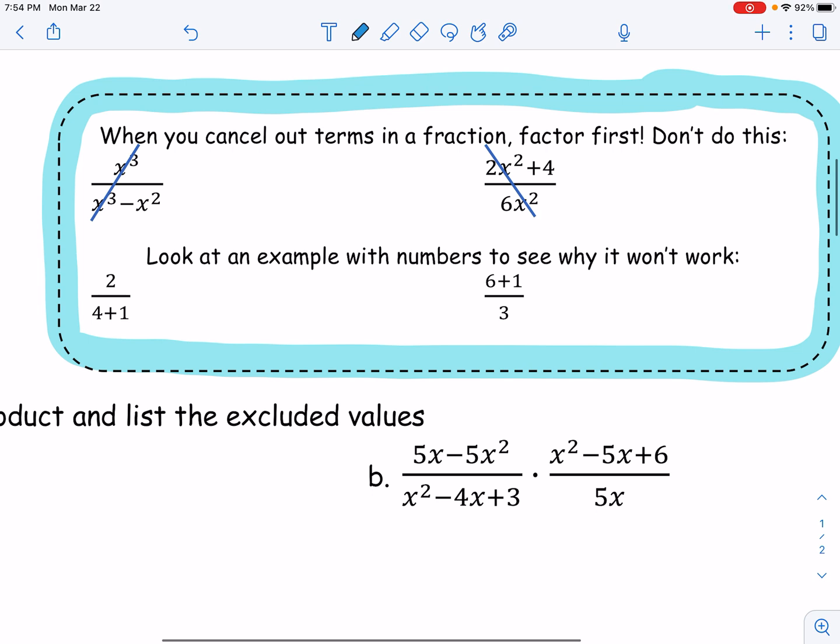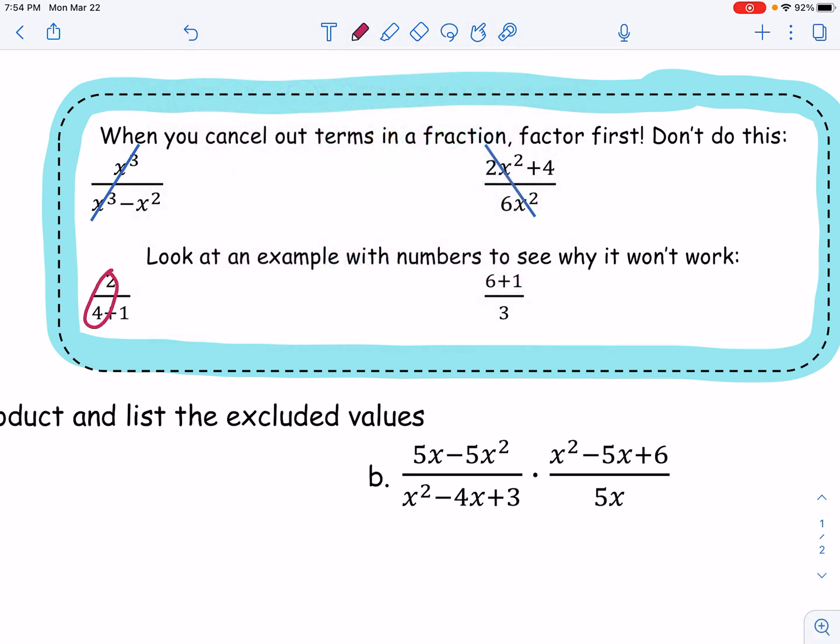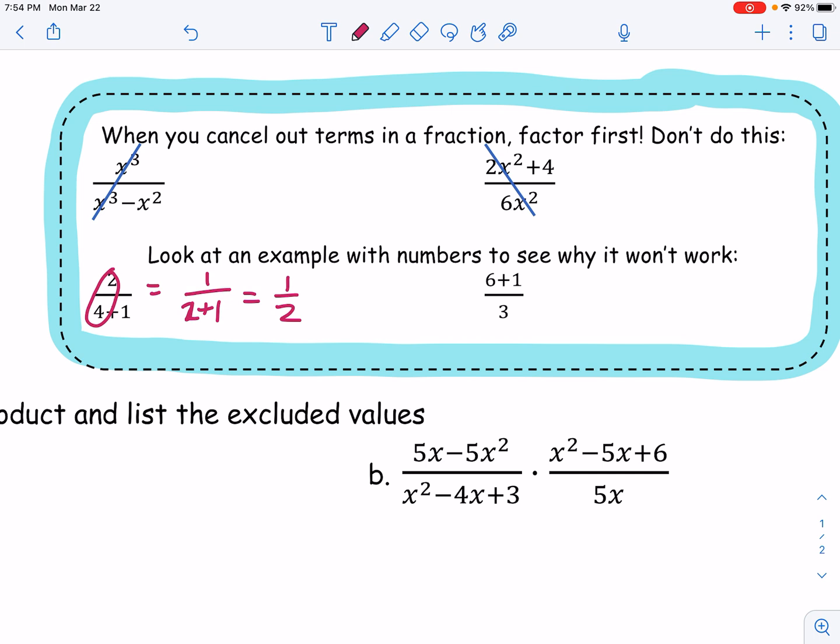If we look at the example of 2 divided by 4 plus 1, if you looked at this and said, oh, I can simplify these to just 1/2, then that would technically get you 1 over 1 plus 1, which is 1 over 2. But we know our rules, 1/2. So then this would get you 1/3, excuse me.